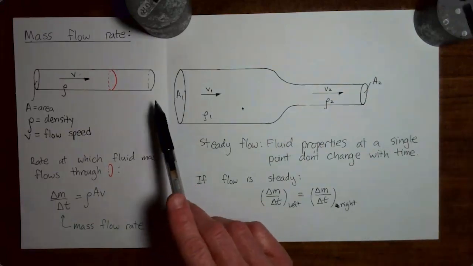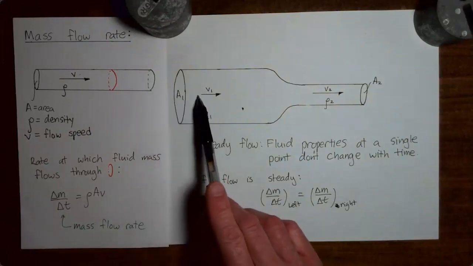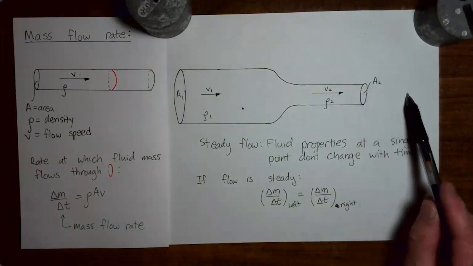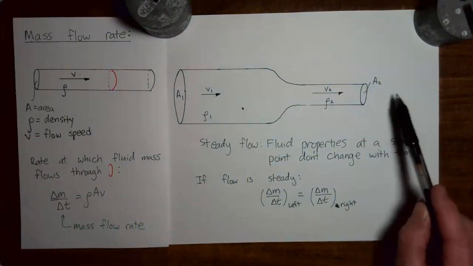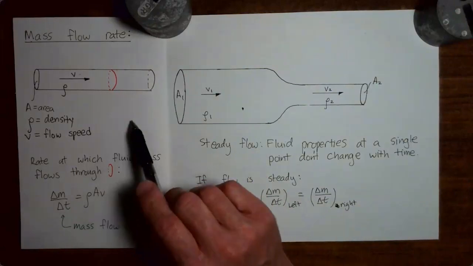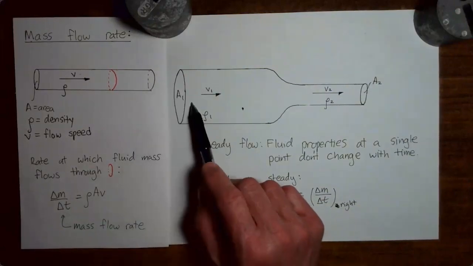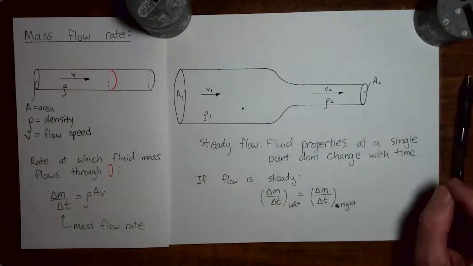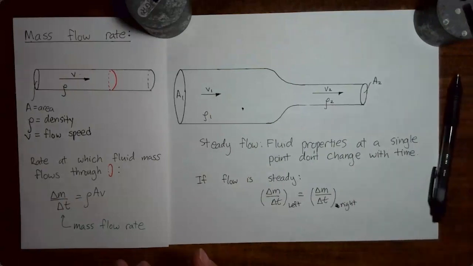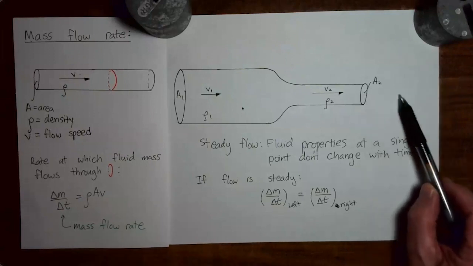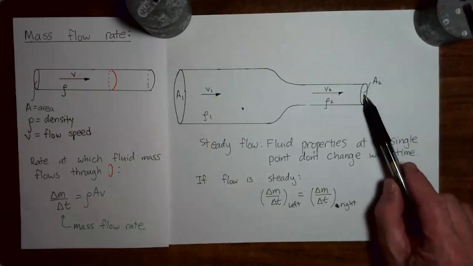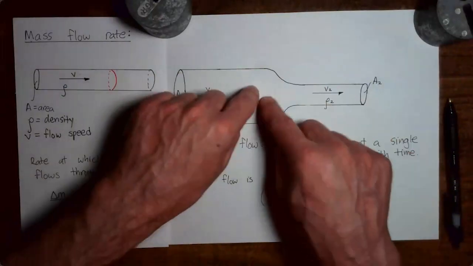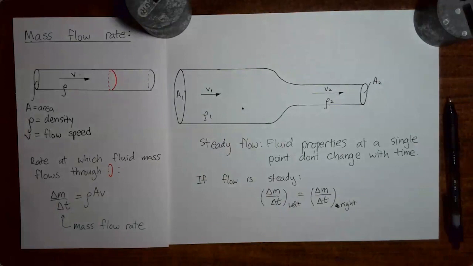Let's suppose, for example, that we had 3 kilograms per second of fluid mass entering over here and 2 kilograms per second of fluid mass leaving over here. If I had 3 kilograms per second entering here and 2 kilograms per second leaving here, what happened to that 1 kilogram per second that did not leave? Well, that 1 kilogram per second that did not leave must have accumulated somewhere in the interior here.